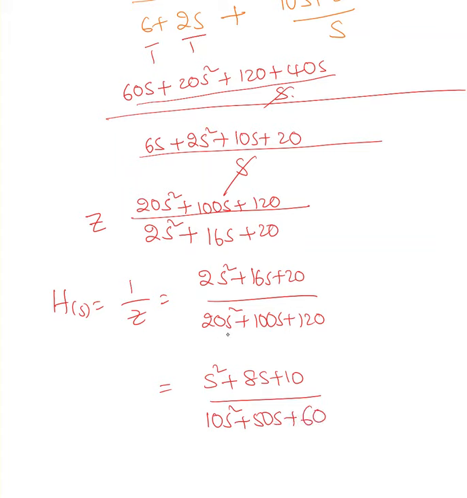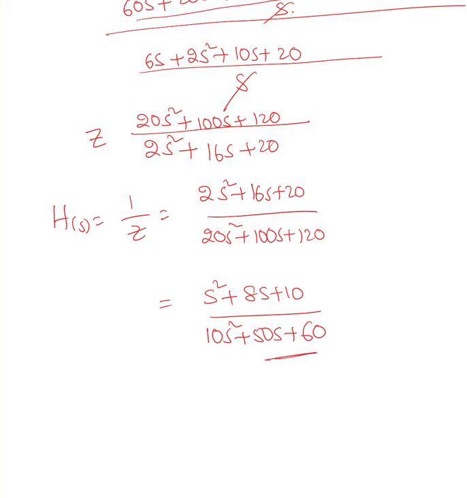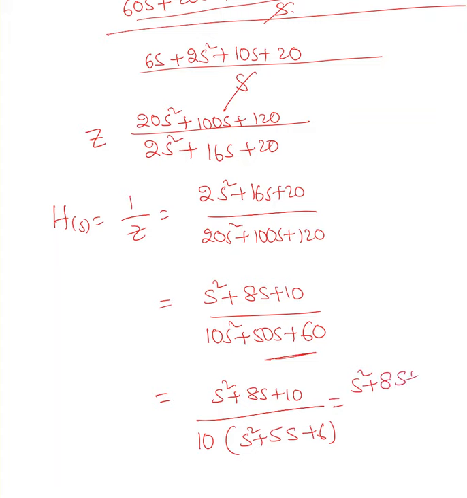All I did, I took out 2 from both the numerator and denominator. If I simplify further, it's s square plus 8s plus 10, and if I pull out the 10 in the denominator, s square plus 5s plus 6, so it is s square plus 8s plus 10 over 10 times s plus 3 times s plus 2.